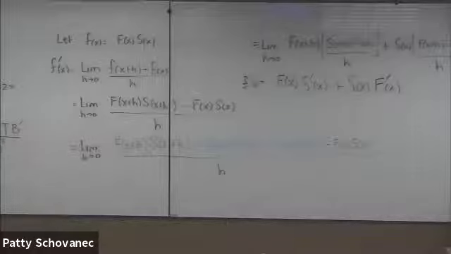Let me show you why we need this by looking at our easy polynomial example. Let's, for instance, take x to the 5th over x squared and simplify it first. That simplifies to x cubed, and the derivative of x cubed is 3x squared.